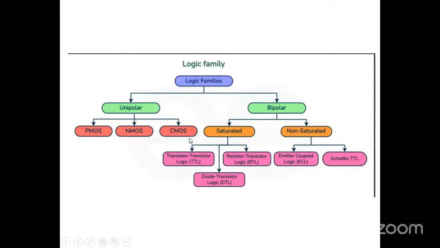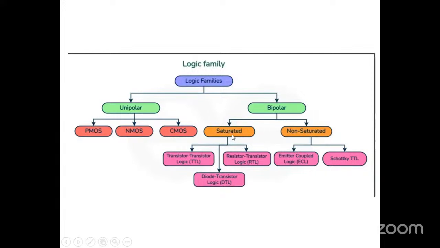These three types work under the field effect transistor, where the voltage is the main part in understanding these devices. The unipolar devices are voltage control devices, whereas the bipolar is a current control device.